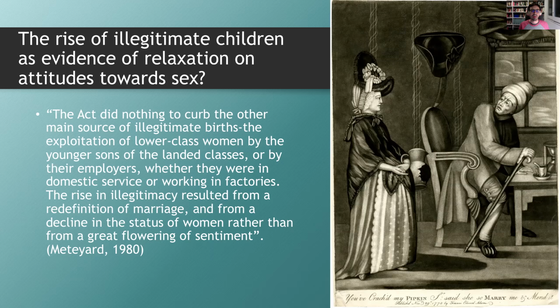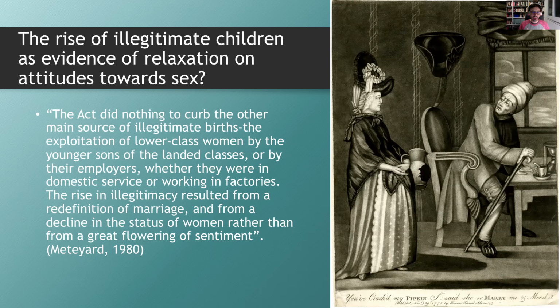These people who had been married that way now found that their marriages were illegal. And that gave rise to a great number of illegitimate children. In fact, illegitimacy becomes a big problem in Georgian London right until the 1830s. So it continues to be a big, big problem.